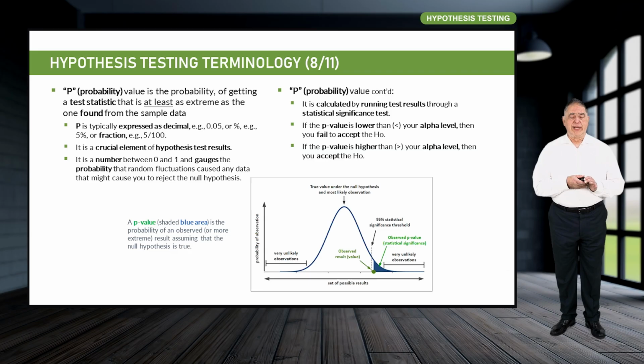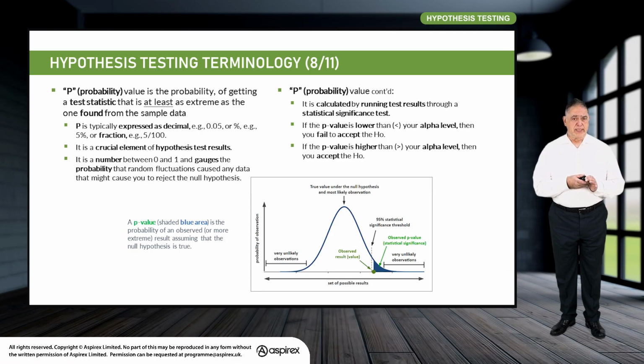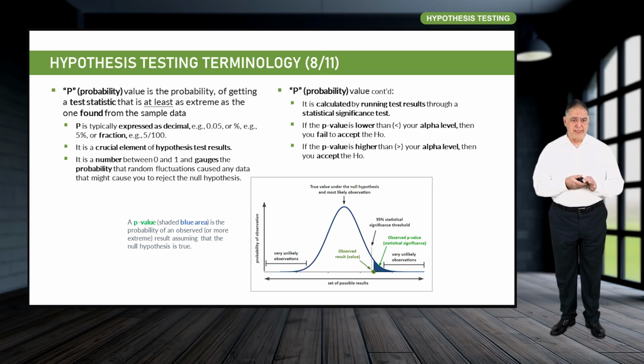It is a crucial element in hypothesis testing, and this is a value that is calculated by a statistical software package like Minitab, SigmaXL, Statistica, etc. It is always a number between 0 and 1, and gauges the probability that random fluctuations caused any data that might cause you to reject the null hypothesis.